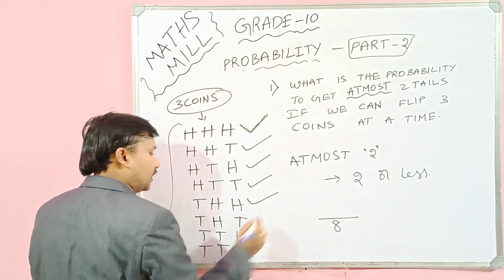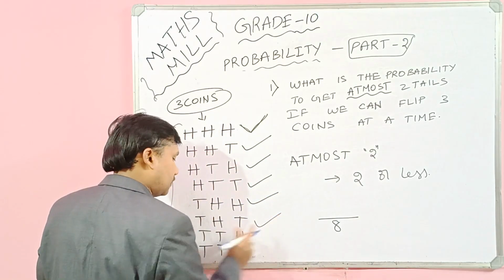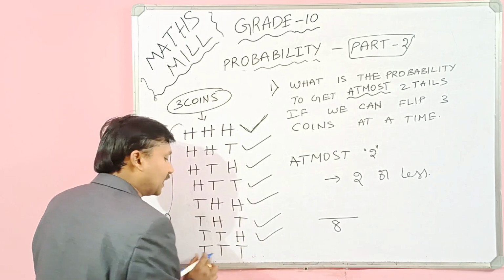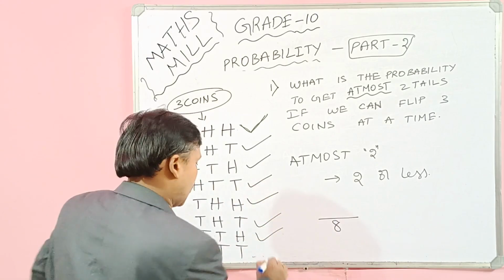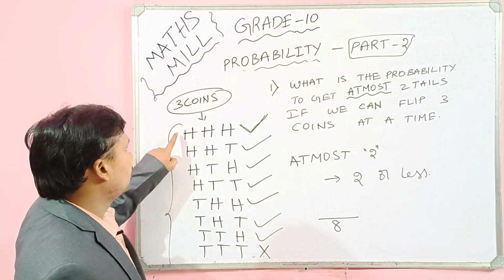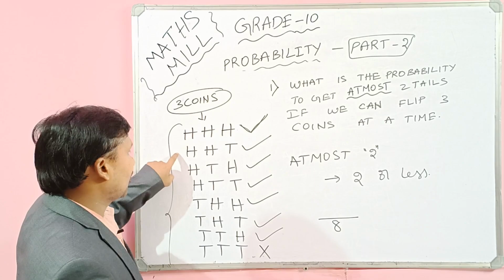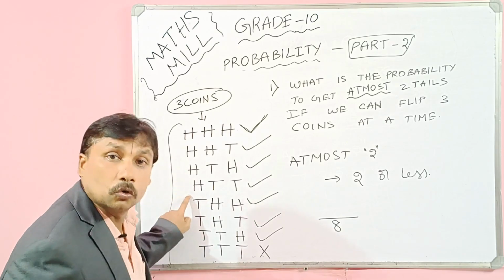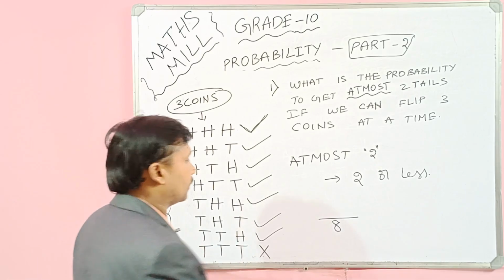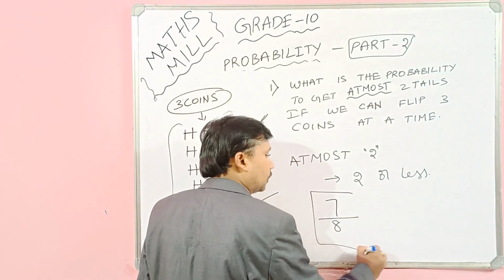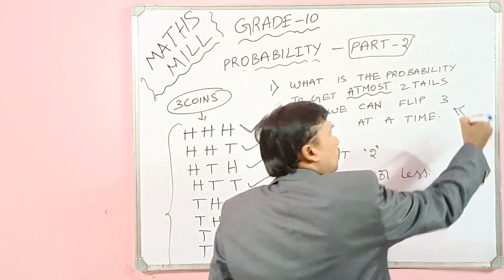Here 1 considered, here 2 considered, here 2 considered. But here 3, 2 or less only we are considering, 3 cannot be considered. So how many are there? 0 considered, 1 considered, 1 considered, 2 considered, 1 considered, 2 considered, 2 considered. So 7 by 8 is your required answer.